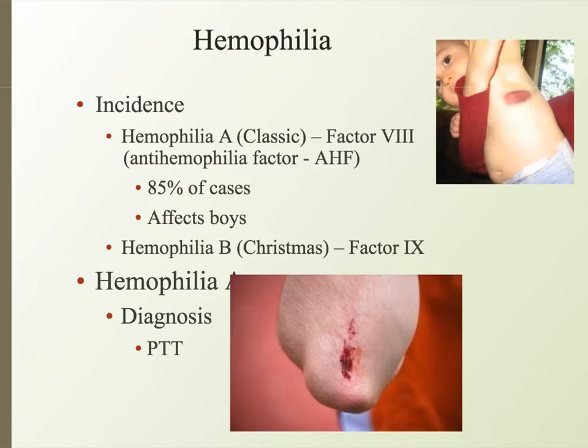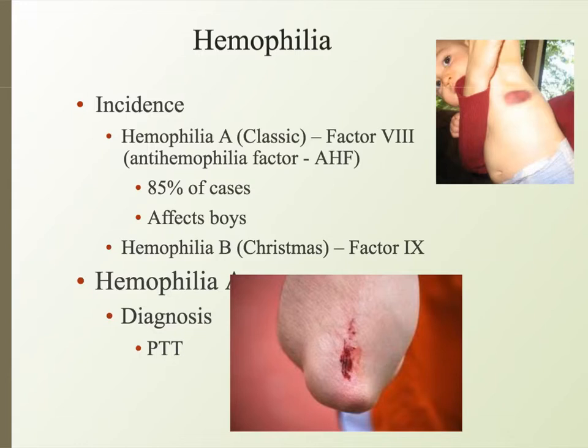Now, with hemophilia, these patients can end up with crippling deformities, especially if they keep having repeated episodes multiple times. And this could be in a year or over multiple years.